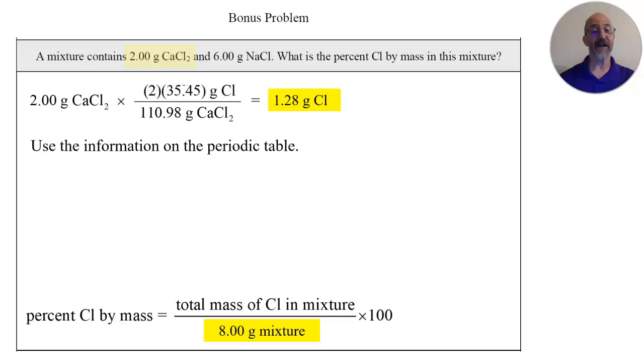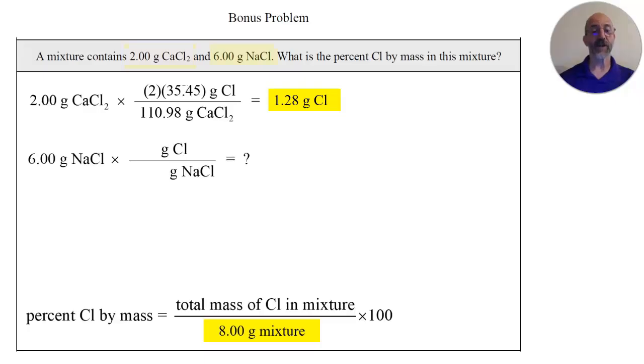Now, I'm not done yet, but that is the mass of chlorine that is present in 2 grams of calcium chloride. Now I'm going to repeat that same process for the 6 grams of sodium chloride. So I have 6 grams of sodium chloride. Using the information on the periodic table, that would be 35.45 grams of chlorine for every 58.44 grams of sodium chloride.